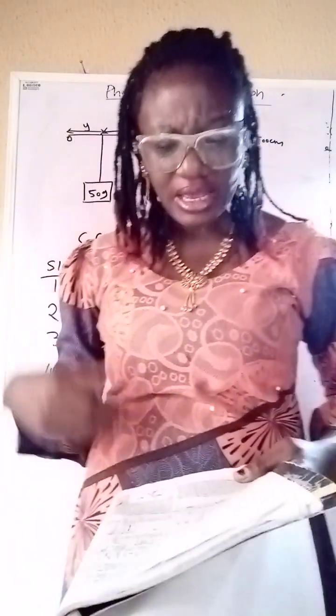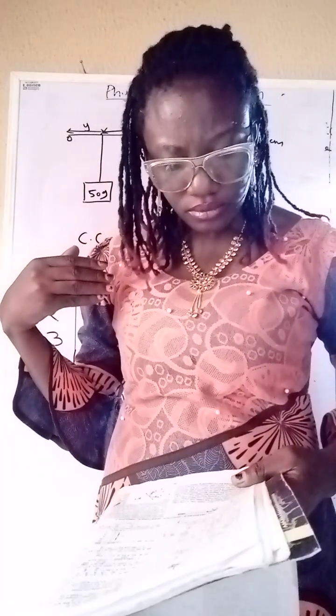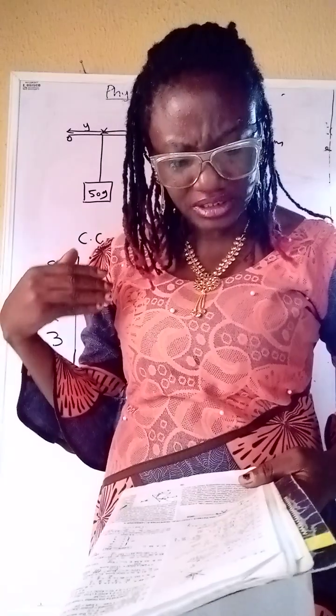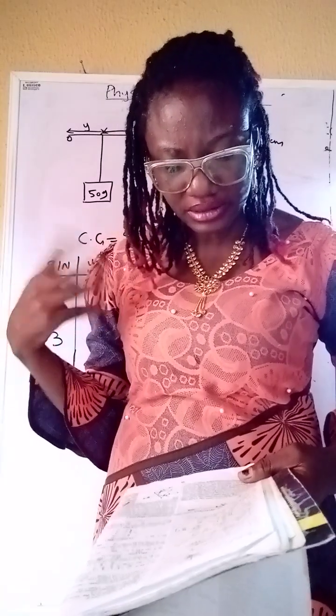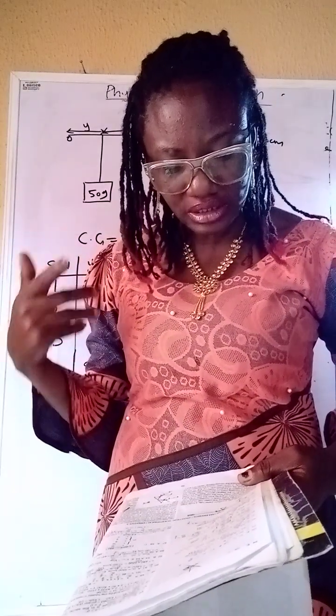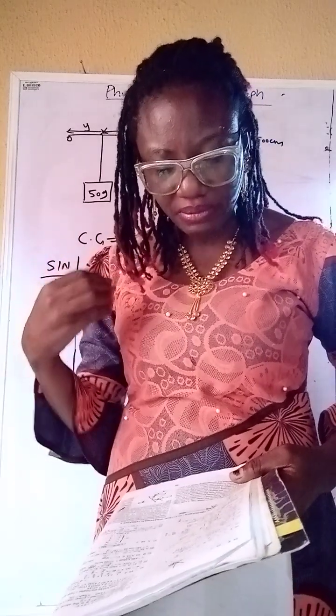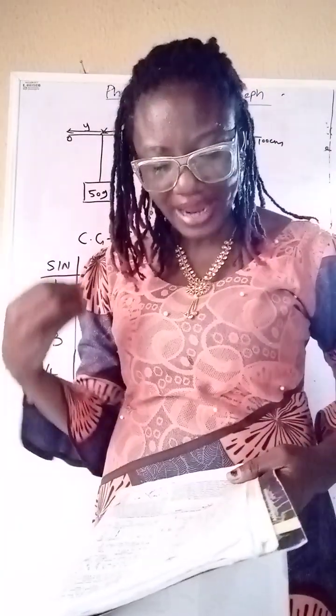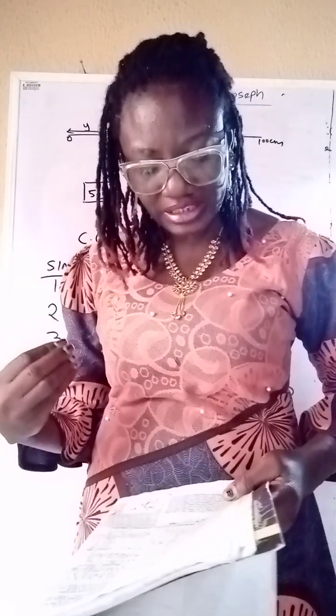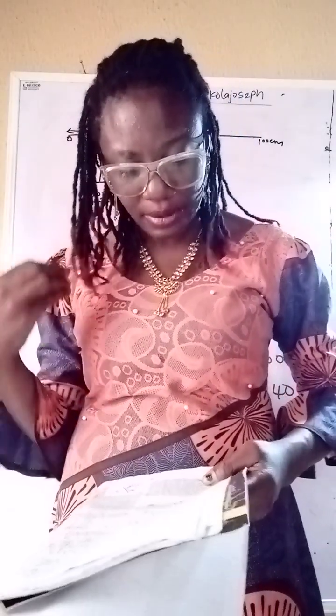After you have found the CG, the next instruction says: balance the meter rule on the knife edge and record the scale mark C corresponding to the distance of the center of gravity from the end of the rule. Suspend the given mass from the meter rule such that Y is equal to 2 centimeters as shown on the diagram above.